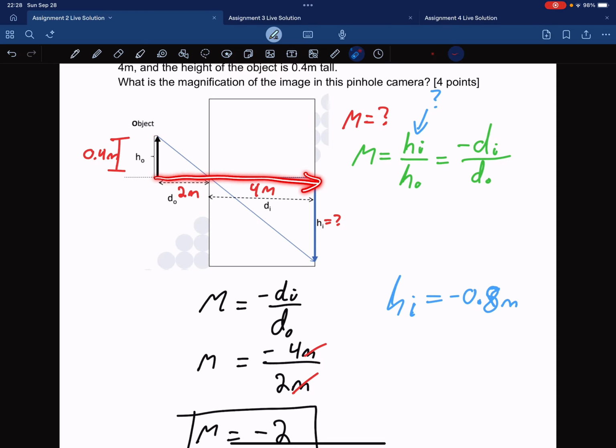So we have a light ray going here, a light ray going here. We have all the other light rays going in between as well. They actually do collide with the screen on the back of the pinhole camera and create a real image. So in this case, it's not virtual. In virtual, you have to trace back like an imaginary reflected ray.